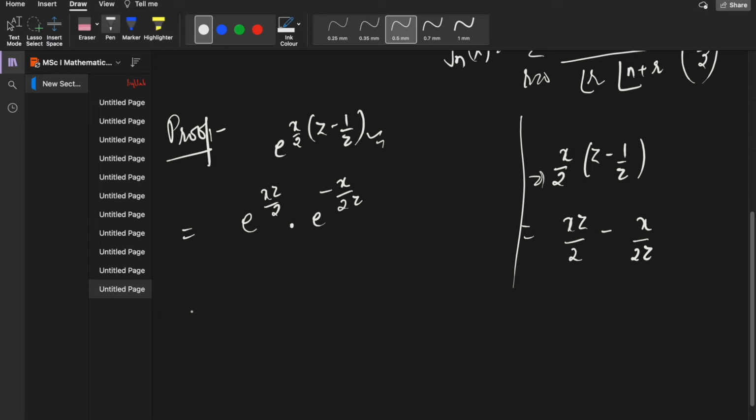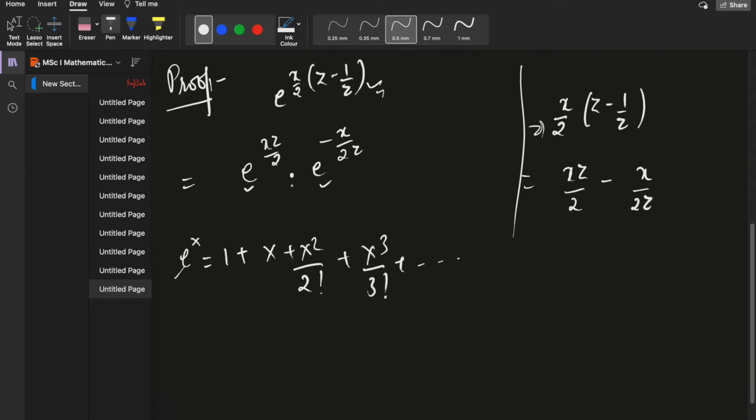If you remember, the expansion for e to the power x is 1 plus x upon factorial 1 plus x square upon factorial 2 plus x cube upon factorial 3 plus so on. So we will expand each term as e to the power x. On the first term, we treat this as x. Alright, so we can expand with the help of this expansion formula.